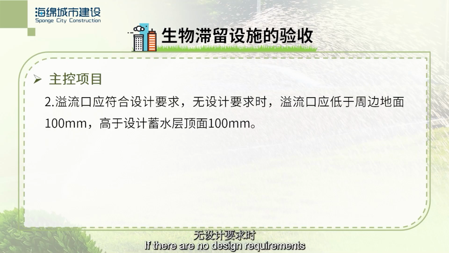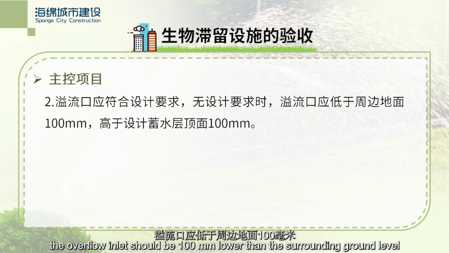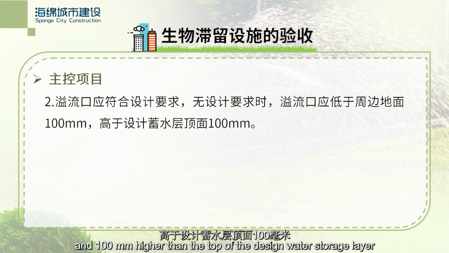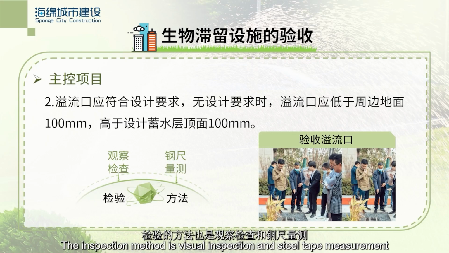If there are no design requirements, the overflow inlet should be 100 mm lower than the surrounding ground level, and 100 mm higher than the top of the design water storage layer. The inspection method is visual inspection and steel tape measurement.